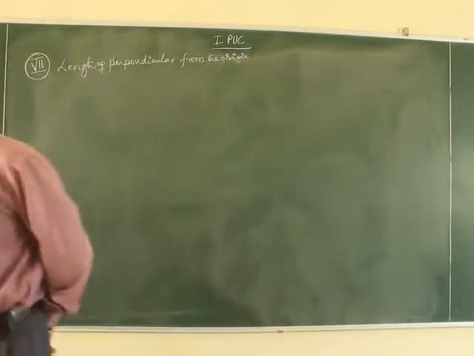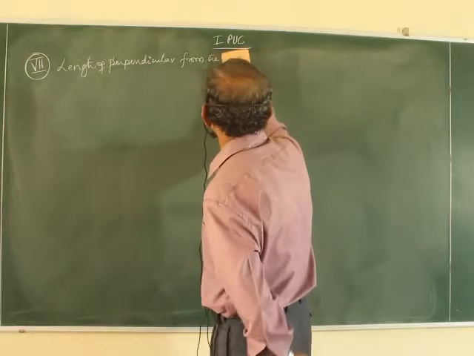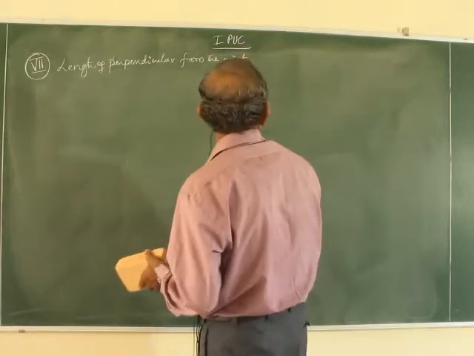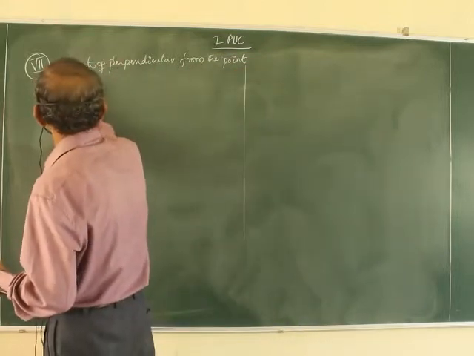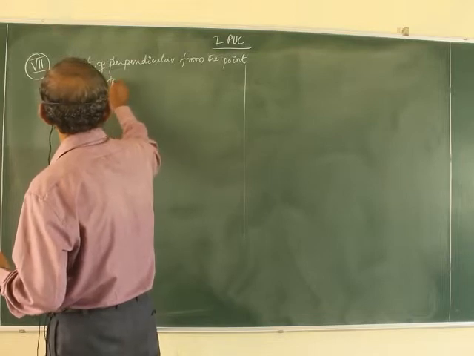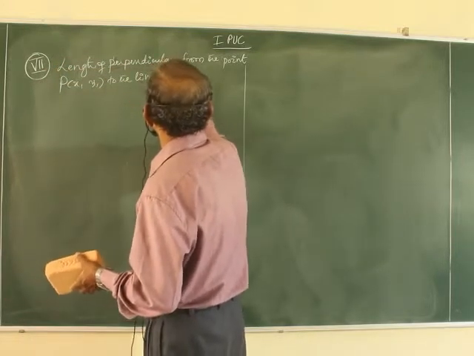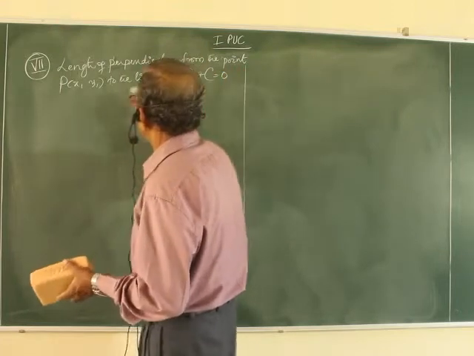Length of the perpendicular, not from the origin. Length of the perpendicular from the point P x1 y1 to the line ax plus by plus c equal to 0.